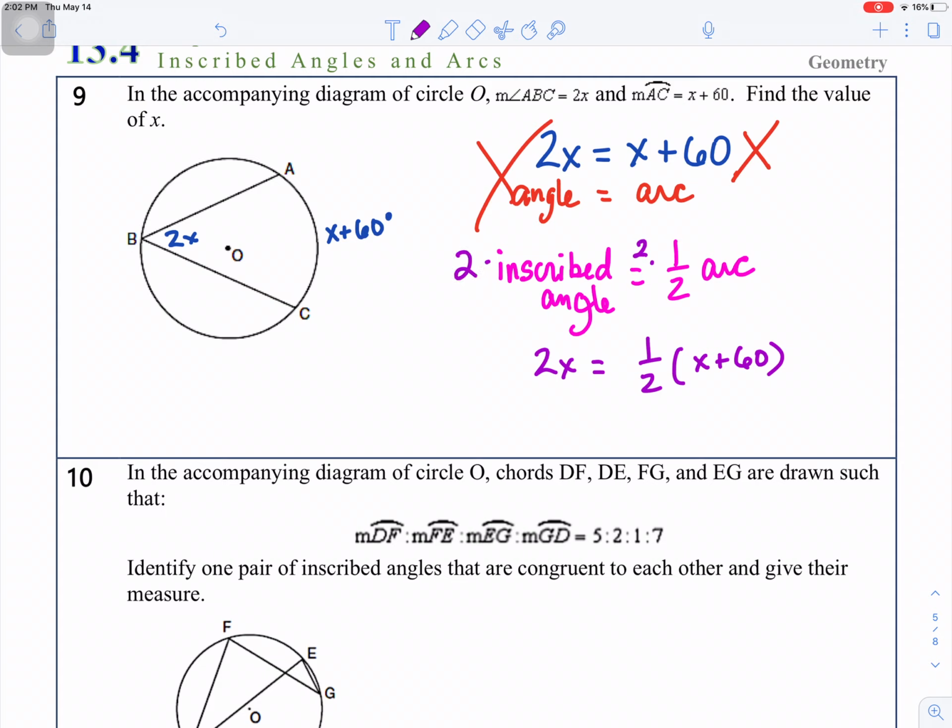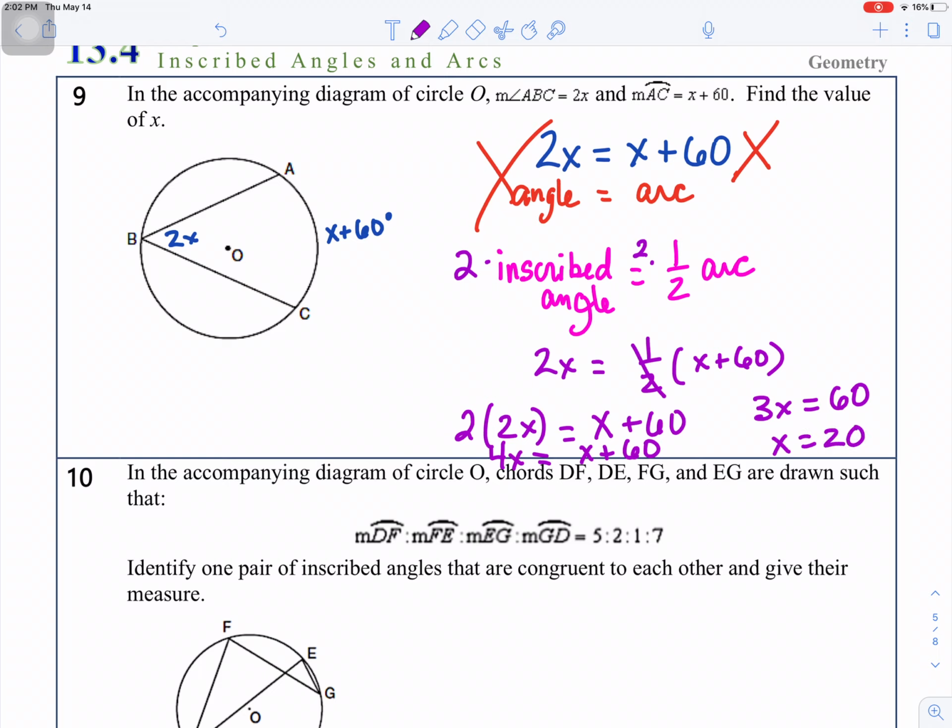Double the angle is equal to the arc. That might be easier to solve. Now I get 4x equals x plus 60, minus x from both sides, 3x equals 60 and x equals 20.